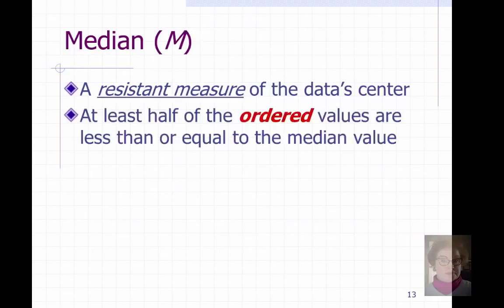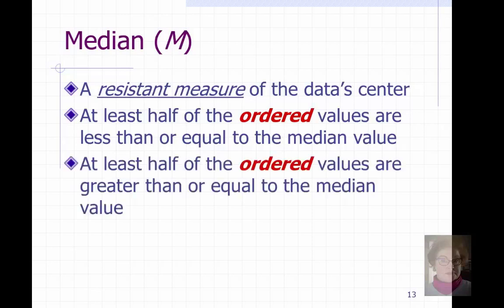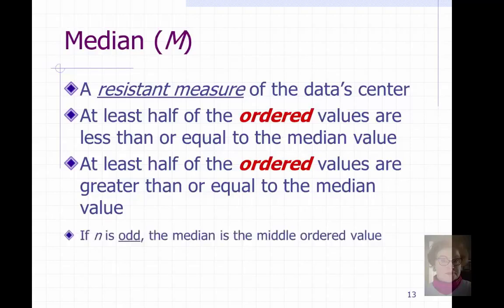So what's true about the median is half of the ordered values are less than or equal to the median, and half of the ordered values are greater than or equal to the median. So again, the big difference about median is you must put your data values in order.